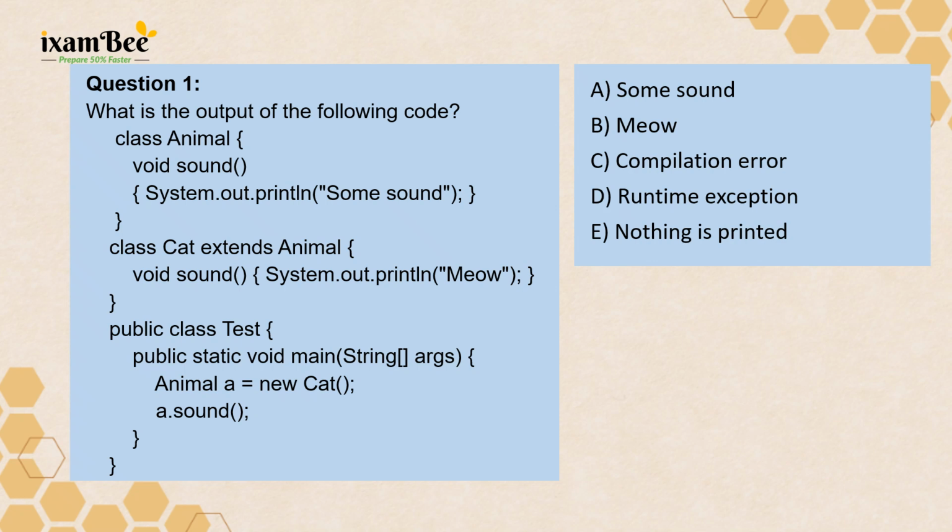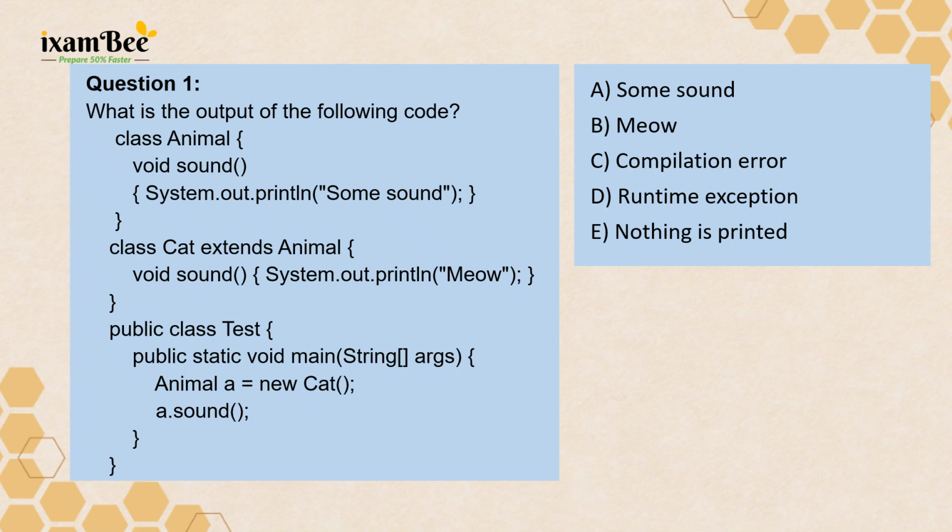So now that you know about inheritance, let us try to solve some MCQs. What is the output of this given code? Here you have a class animal and class cat extends from animal. In the main function, we are creating an animal object and initializing it to the cat constructor. Then we are calling a.sound.